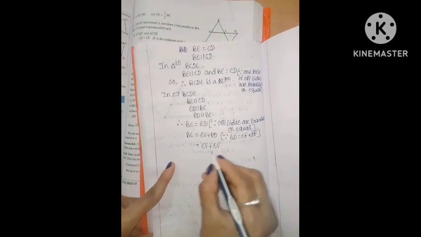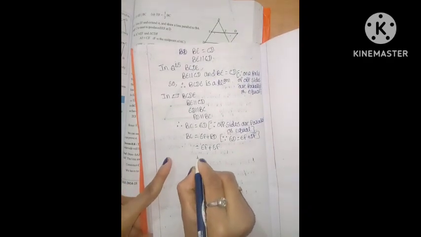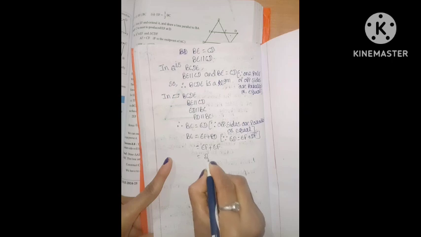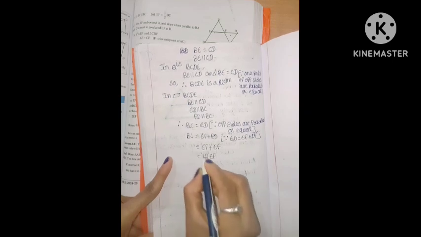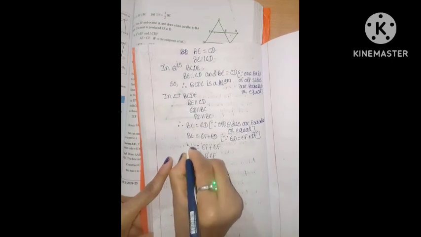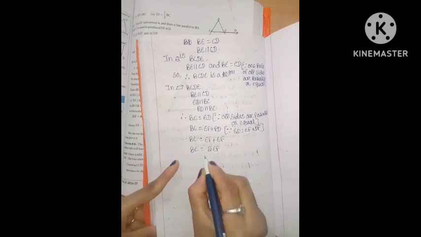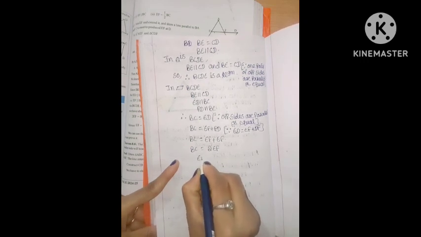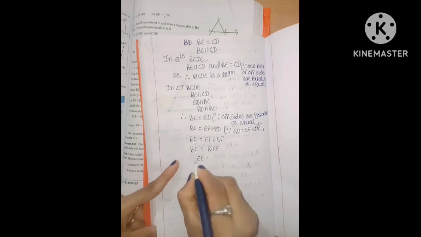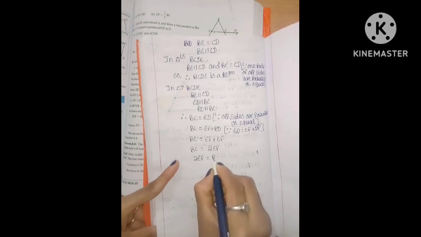Okay, are you clear? So EF plus EF is nothing but 2EF, and this is BC. We want EF, so 2EF is equal to BC.